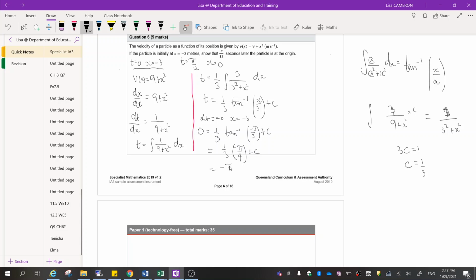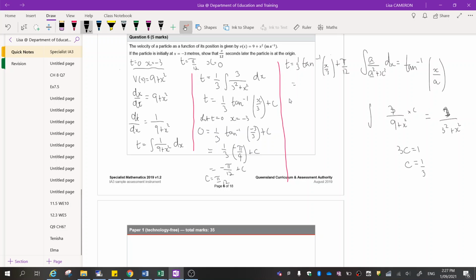That gives me negative pi on 12 plus c, so that means c is equal to pi on 12, meaning that this total equation is t equals 1 over 3 tan inverse of x over 3 plus pi on 12.